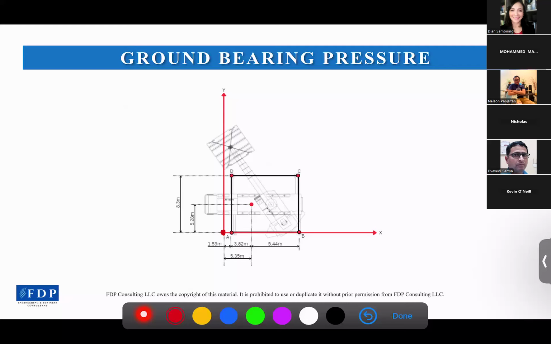However, for the next case, for crane check, I prefer to put the center of the slewing as my origin point, just to avoid confusion during the calculation.